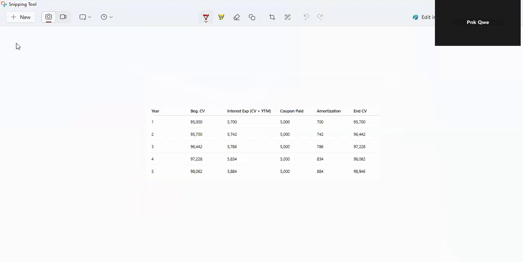So suppose you have a loan, amount of a loan, which is 1,000 kwacha at an interest rate of 10% for 3 years.